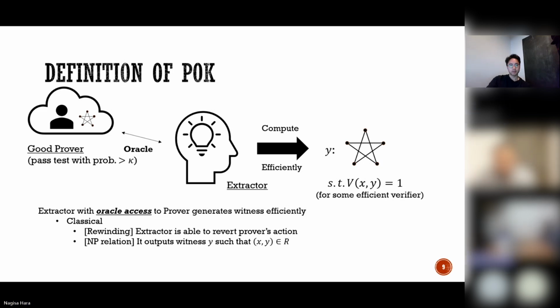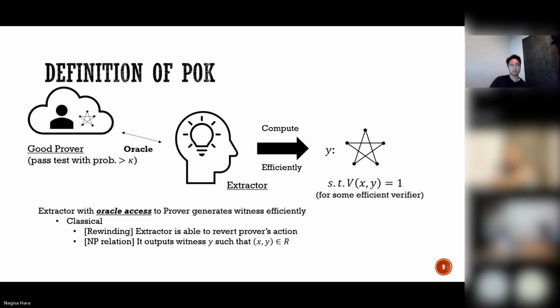Also, is there any computational bound on the extractor? The extractor must be an efficient machine, an efficiently bounded computer. Since the extractor has the prover as a subroutine, would this mean the prover is also efficient? The machine uses the prover as an oracle.